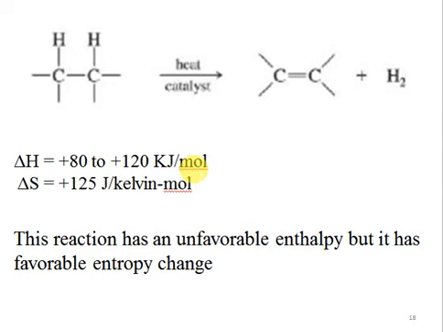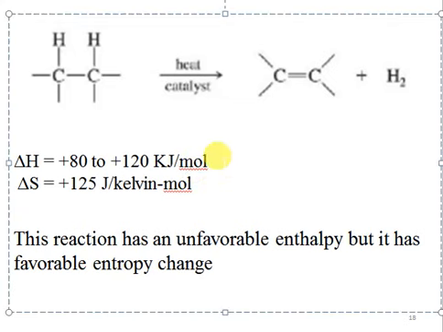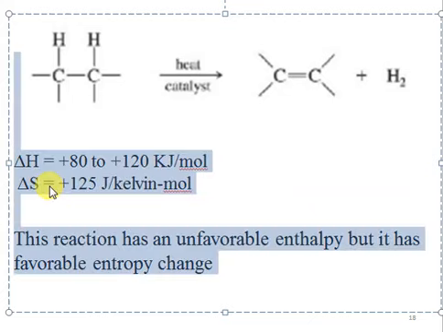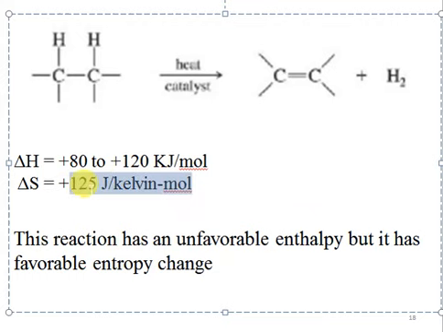For any reaction to be spontaneous, to be favorable, the general rule is that the enthalpy must be negative and the entropy should increase, right? Here in this reaction, the entropy is positive. However, the enthalpy is also positive. The enthalpy should be negative for a reaction to be favorable.